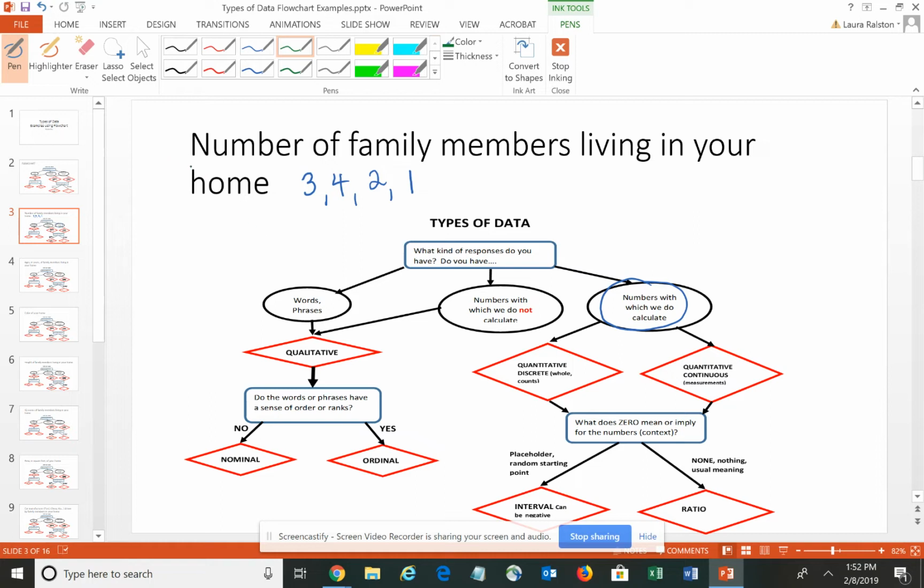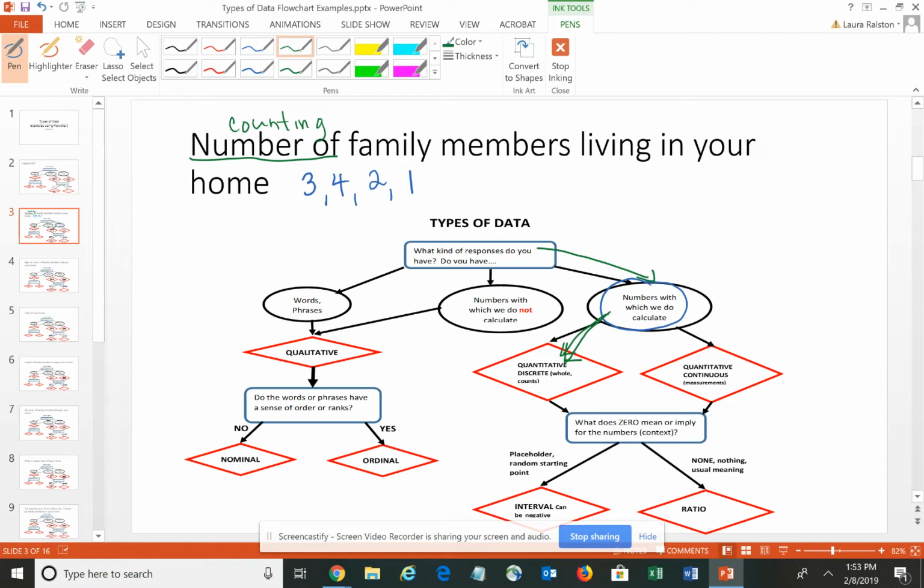The other phrase that jumps out at me here too is "number of," which again gives that sense of counting. So we've said the responses are numbers with which we calculate, and I believe they're discrete because we're counting and it's wholes.